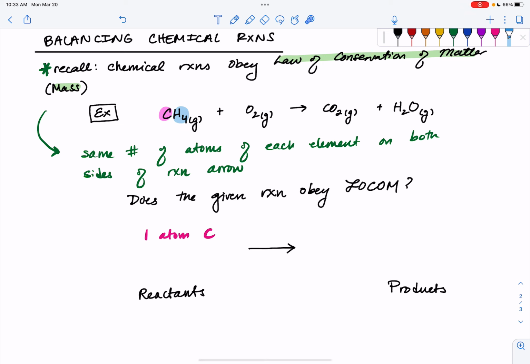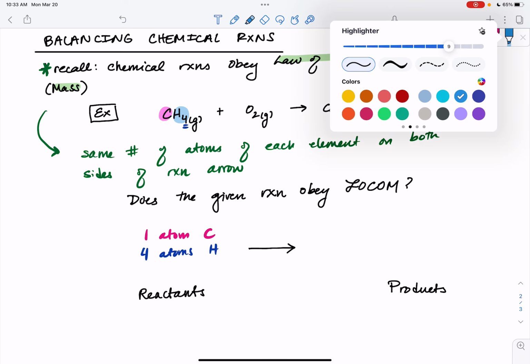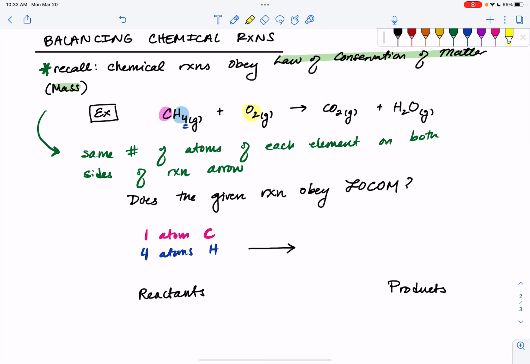And looking at the subscript in our chemical formula, we know that in one molecule of methane, we have 4 atoms of hydrogen. And then looking at my oxygen, this is the only source of oxygen, and in elemental oxygen, I have 2 atoms of oxygen. So this is what I've got going on my reactant side.